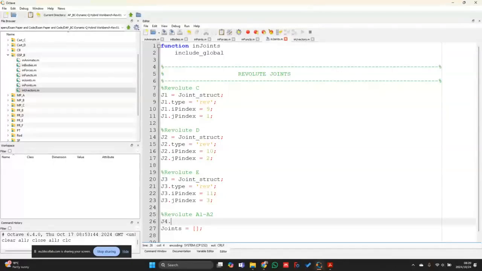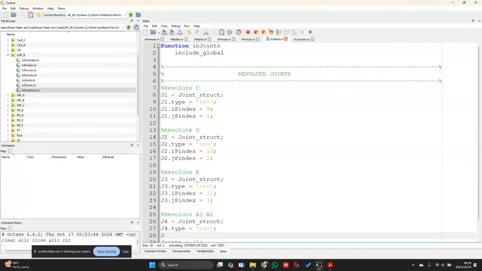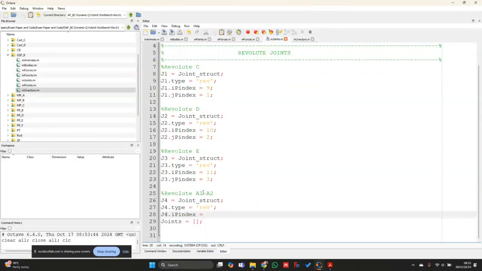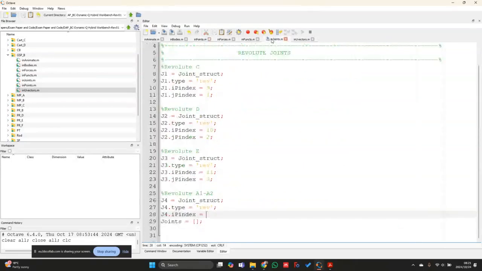So J4, and I just go and check its IP index again. Okay, so in this case, I'm working with bodies 1 and 2. So if I go back to in point, this would be over here, so point index 4 and then 6 as well.